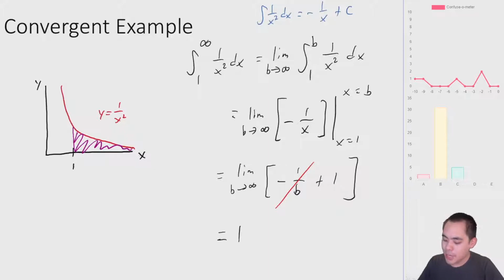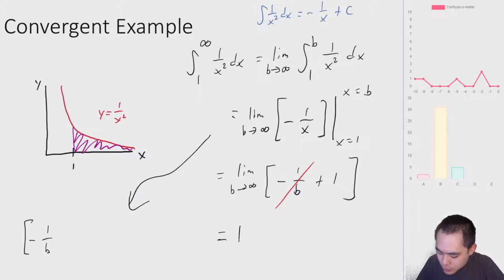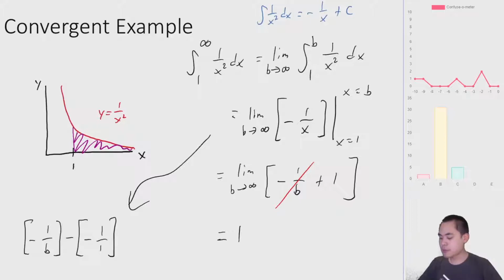But algebraically what's happening here is this is equal to minus 1 over b minus 1 over 1. Which is why that's equal to minus 1 over b plus 1.